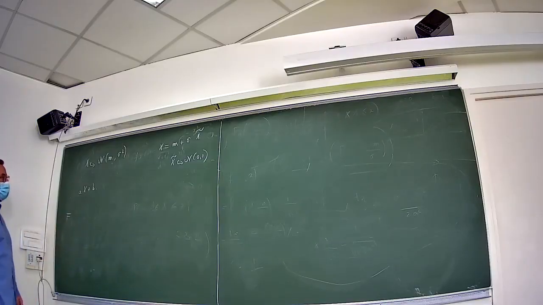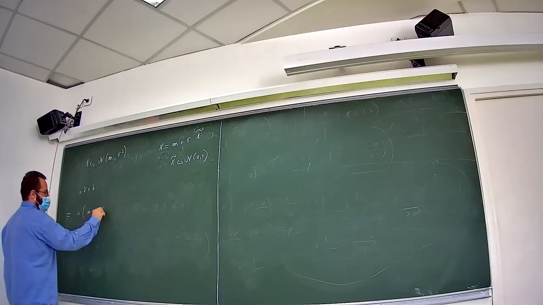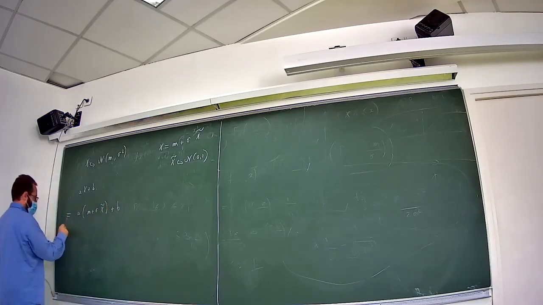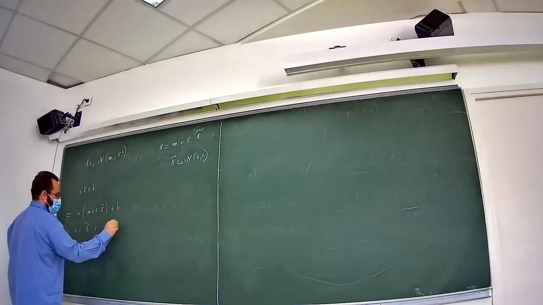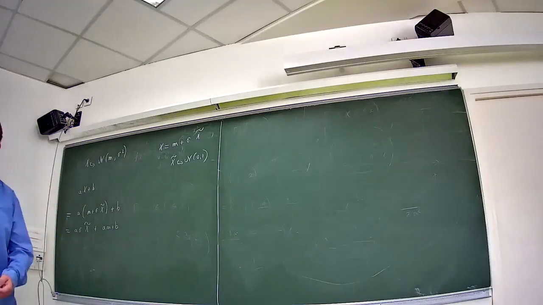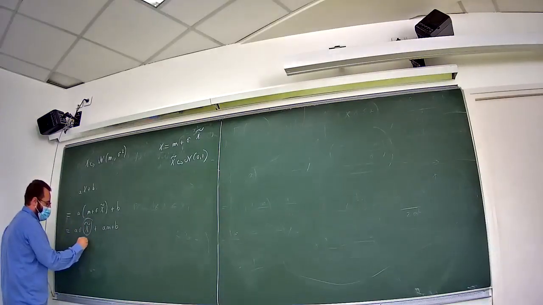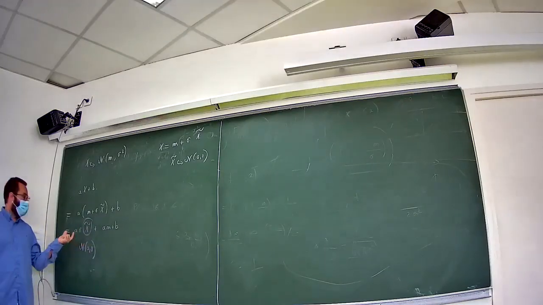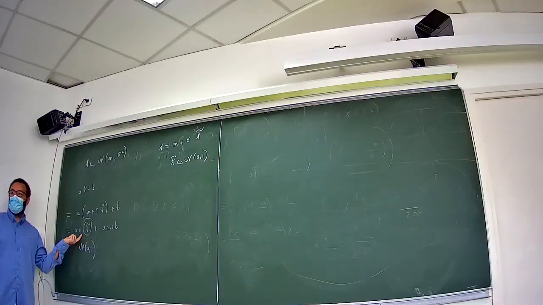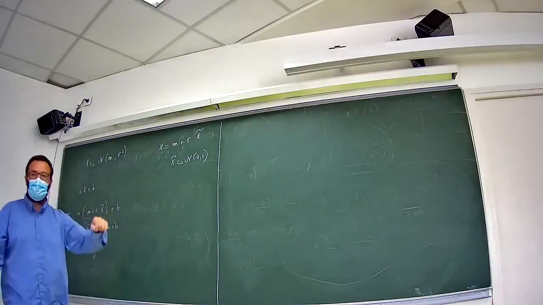And now it's finished, because I replace what is X. X can be written as a times (m plus sigma X tilde) plus b. I can write it as a sigma X tilde plus am plus b. And if I use statement A we have proved together, here I have N(0,1). I transform it linearly with this parameter before the X tilde and this parameter, that is the translation parameter.